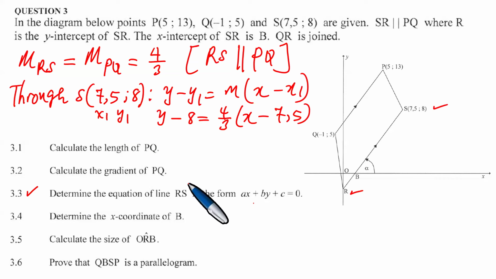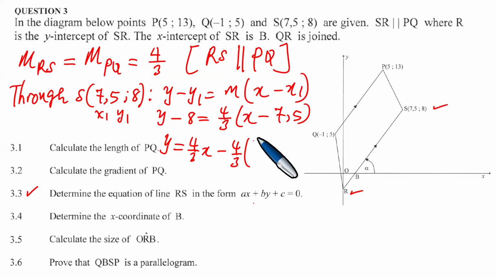Now let us continue to deal with this and see what we can achieve. We want to multiply everything out. So y equals 4/3 x minus 4/3 multiplied by 7.5, and 7.5 is the same as 15/2.